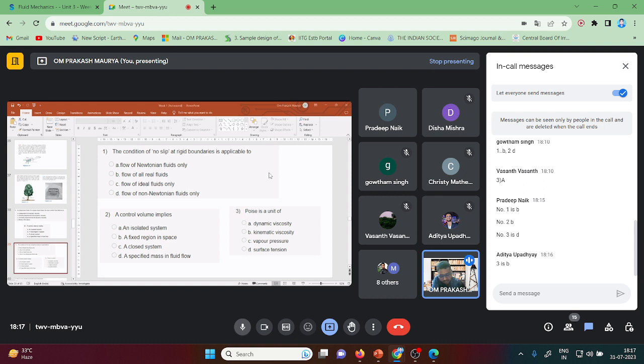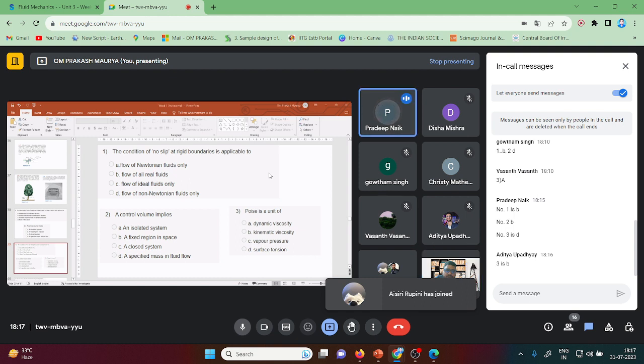You know the Newton second per meter square is the unit of dynamic viscosity. If you convert it into poise, I think it is 1 by 10. Yeah, if anyone has doubt about all three questions, please ask.